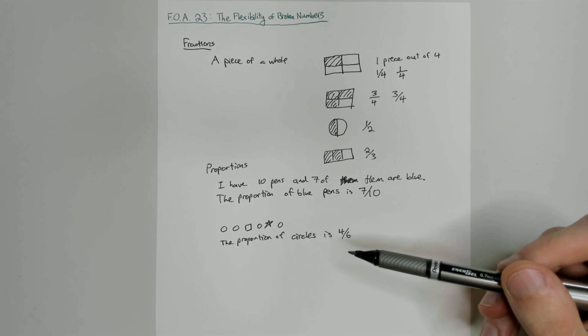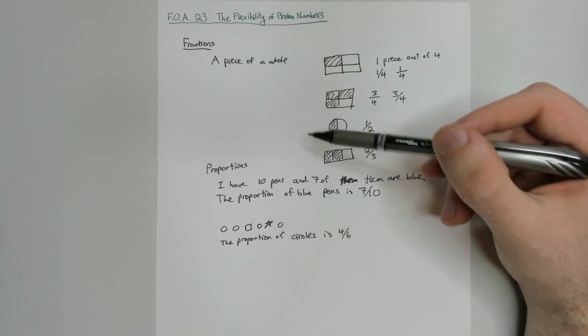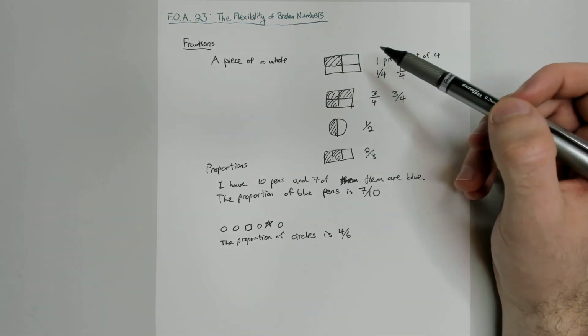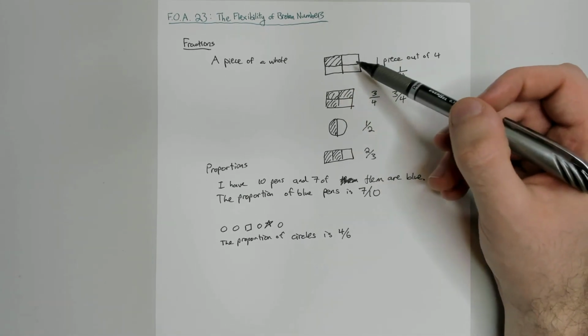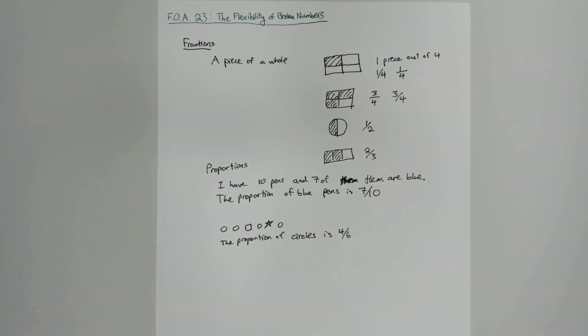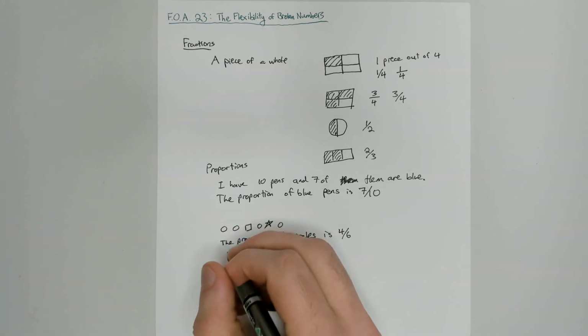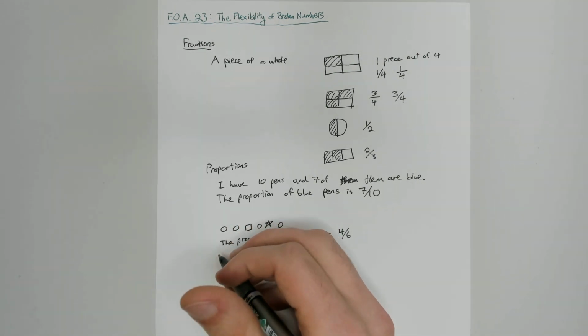So this is just a more versatile way of thinking about the piece of the whole here, because here we were also thinking about a proportion of the shaded regions to all of the regions. So this is just another way to think about fractions. And probably the most mature way, or the most abstract way to think about fractions, is that they're a part of a number.